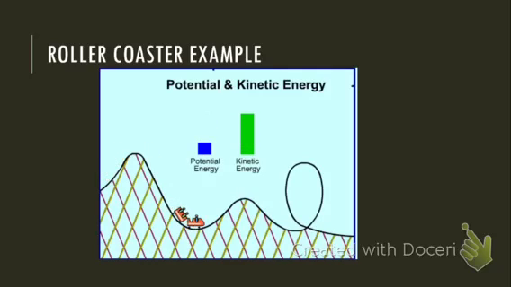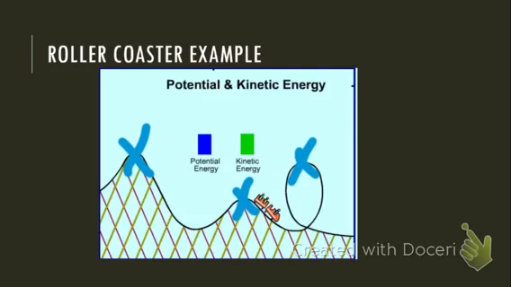So I'm going to pause this real quick and go into writing mode so I can just point a couple things out. So here, if I can get my marker, right here and right here and right here. When we are at the highest points on our roller coaster, our potential energy is going to be the greatest.